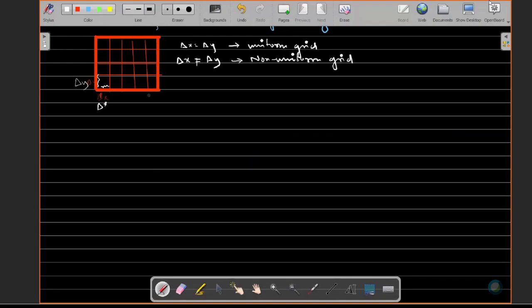An example of a non-uniform grid is sometimes in CFD, and we know from fluid mechanics that suppose there is a flow here and temperature boundary conditions are there. Now near the wall there is the development of a thermal boundary layer.